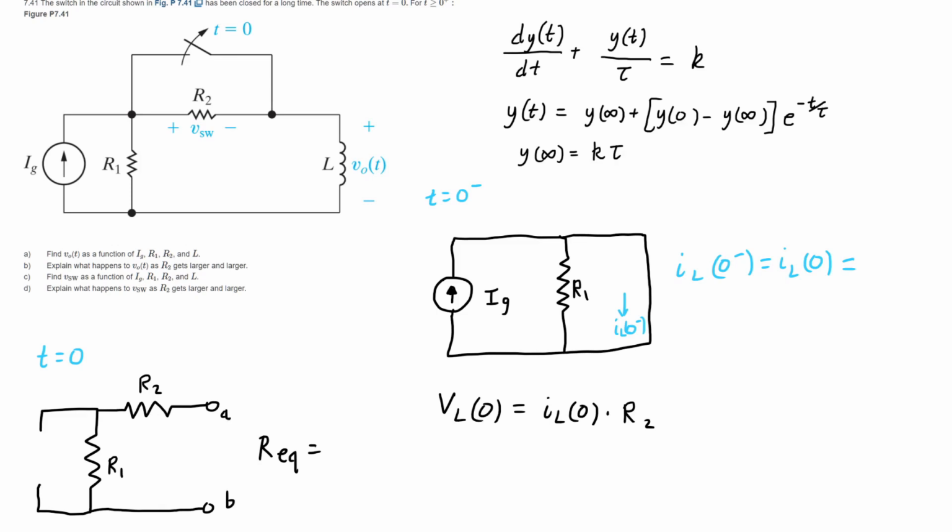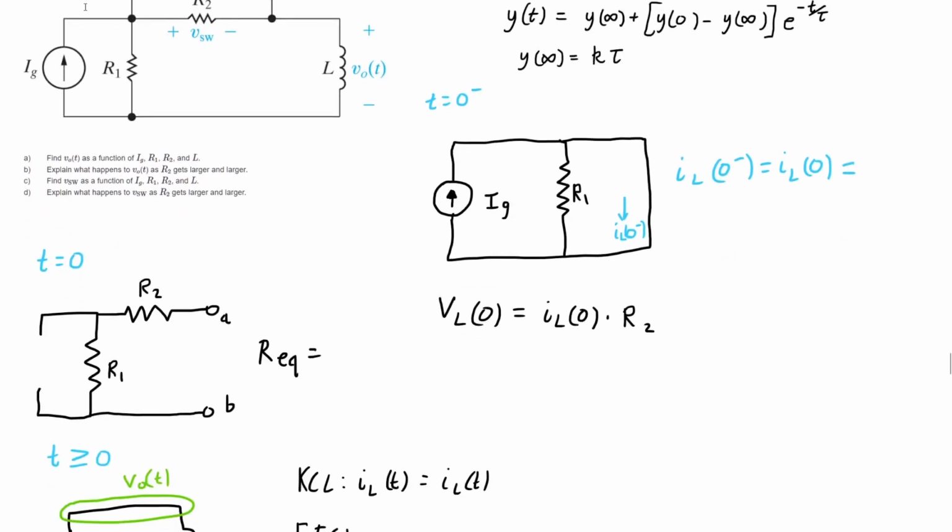So the first thing we need to do is find the initial voltage for the inductor. Basically at steady state you have your steady state current, which is going to be IG. But as soon as the switch is thrown, IG is going to be going through that R2 resistor.